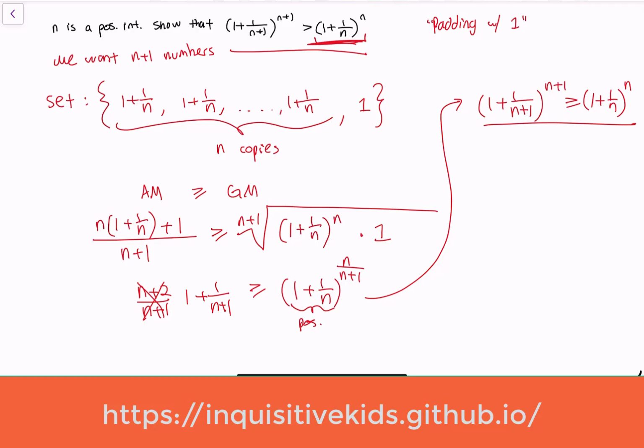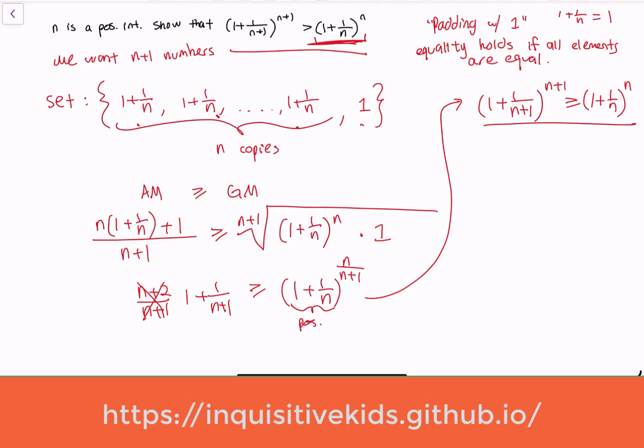Well, equality only holds if all the terms are equal. So thinking back to our set of elements, each of the elements in the set are the terms that we're dealing with. So in order for equality to hold true, 1 plus 1 over n must equal 1. So is this possible? Well, n is a positive integer.